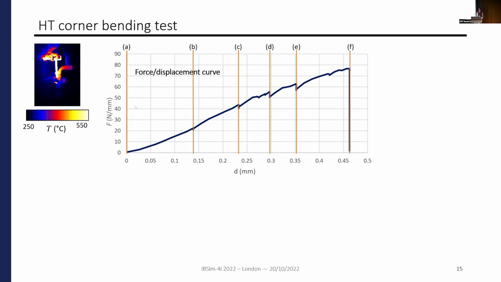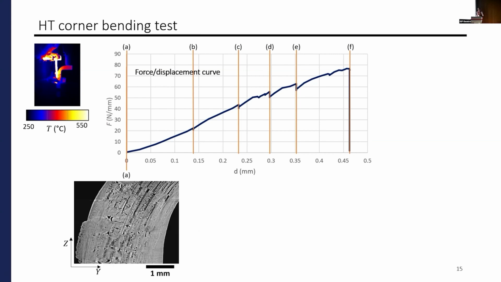We consider that during the first 5, the sample has an elastic behavior, and then it failed before acquisition F. So you have, for example, a little snapshot on the slide of the tomography at the initial state.